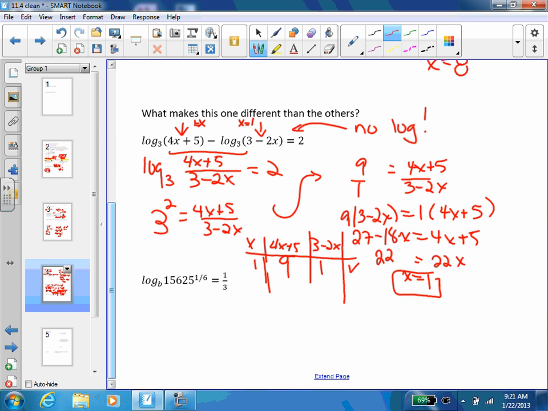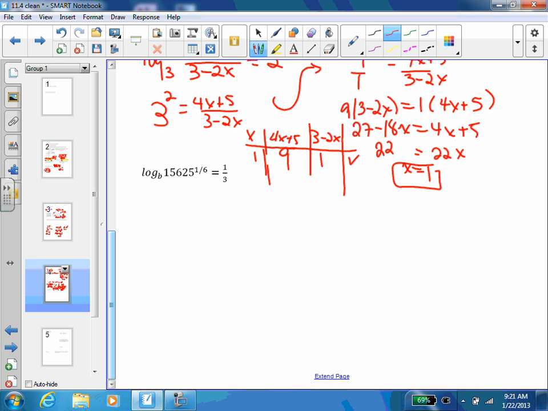All right. Here we go. We've got this really crazy problem. Where is my unknown? In the base. Okay, so I don't know what my base is. My suggestion would be to simplify this down. 15625 to the 16.